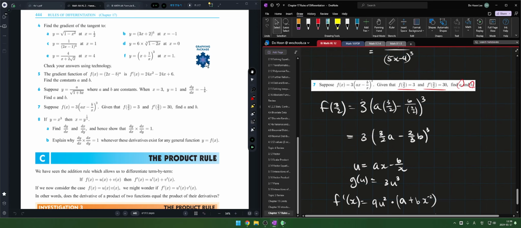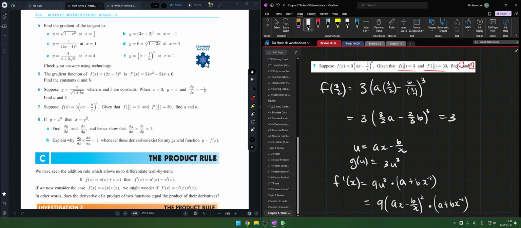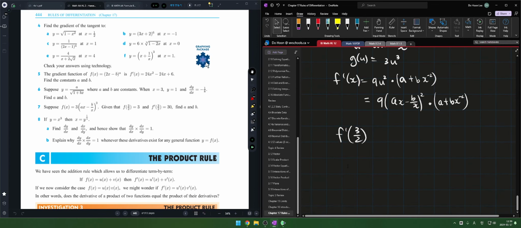Oh, I forgot. This was 3. And the last one, if I plug it in, it will be 30, right? F prime 3 over 2 is b over x squared.